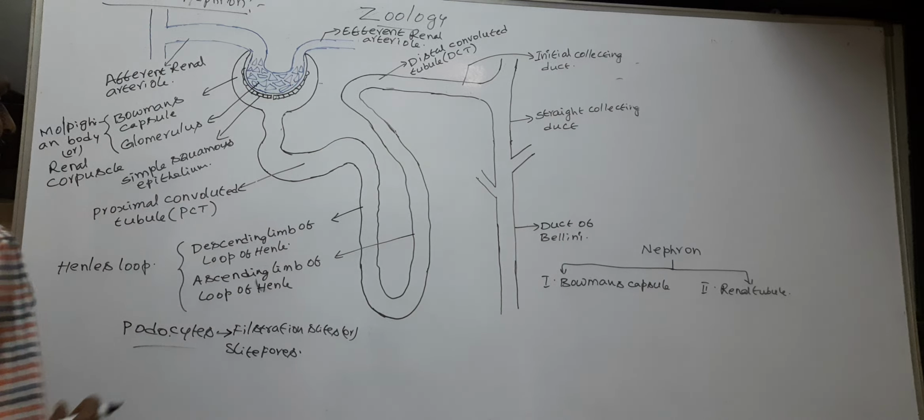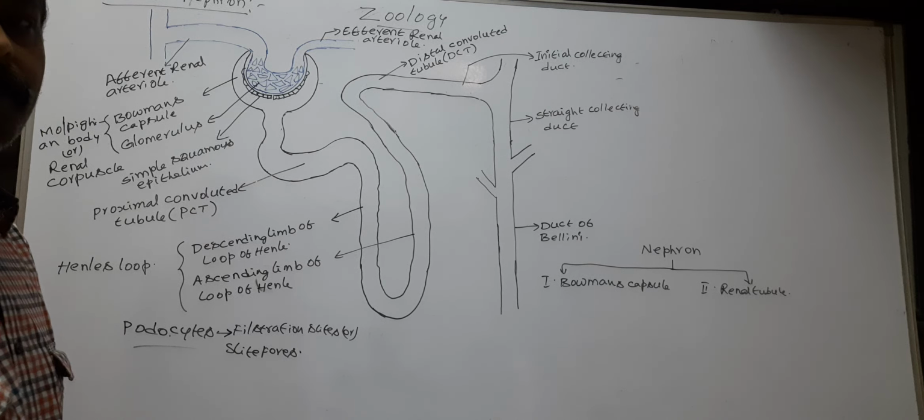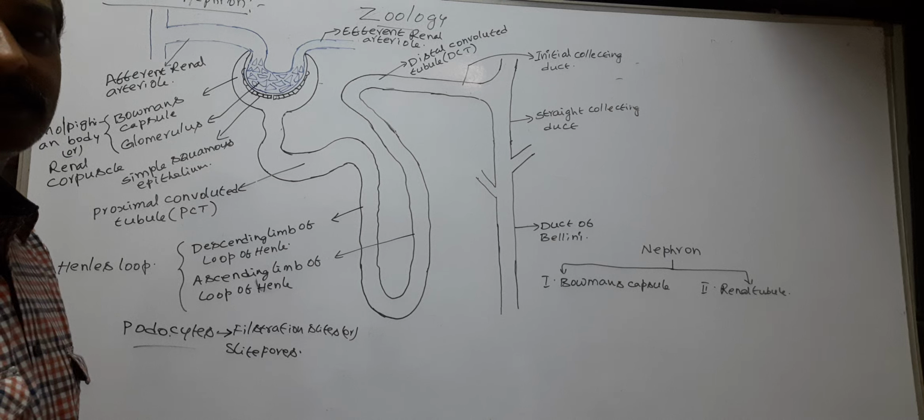Next, Bowman's capsule is located in the cortex of the kidney.